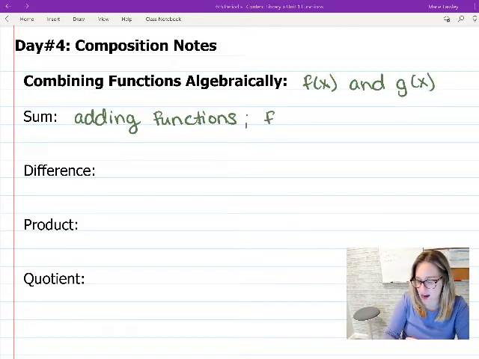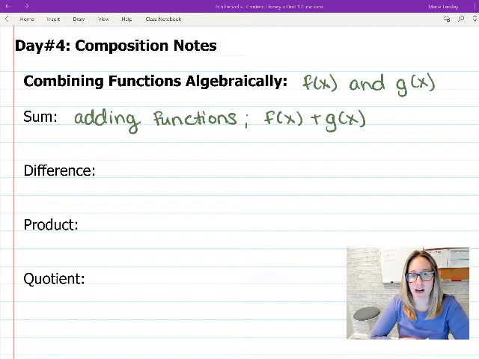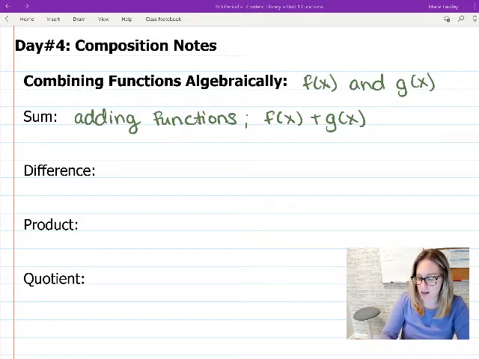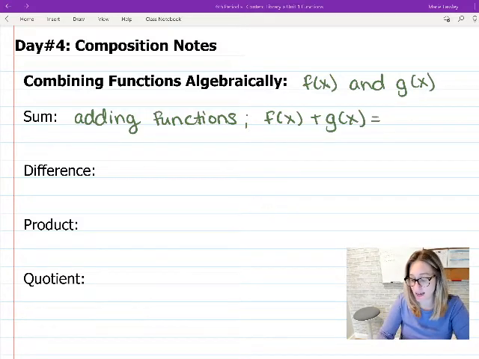If we want to add f of x and g of x, you could just say f of x plus g of x. Another way that I've also seen this written is more condensed. It's going to look like this, (f plus g)(x).